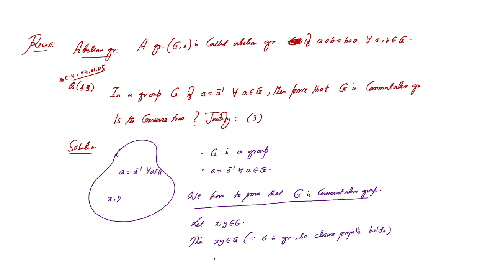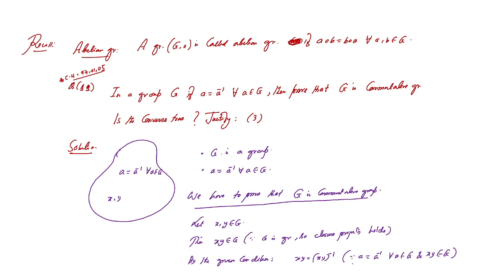So by the given condition, we can say xy equals (xy) inverse. Why? Because it is given a equals a inverse for all a belongs to G, and we have seen xy belongs to G. So xy equals (xy) inverse.